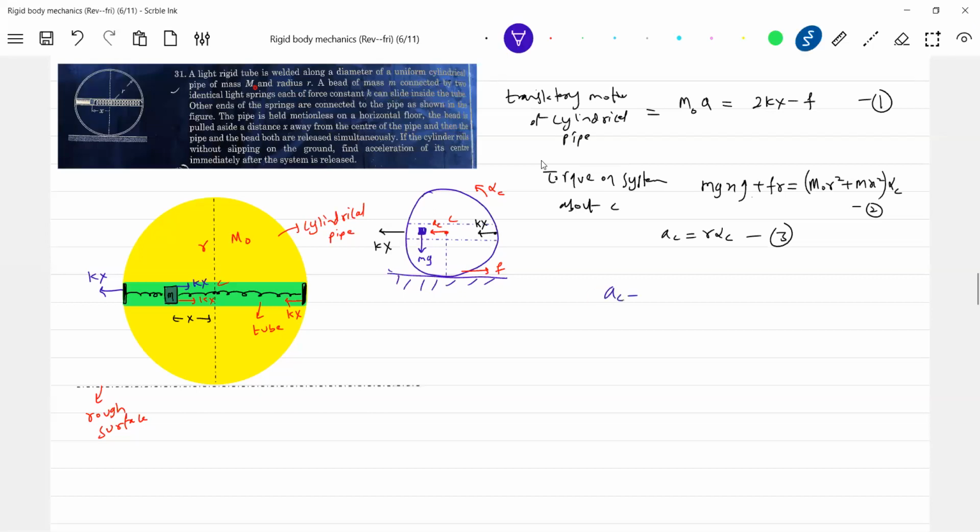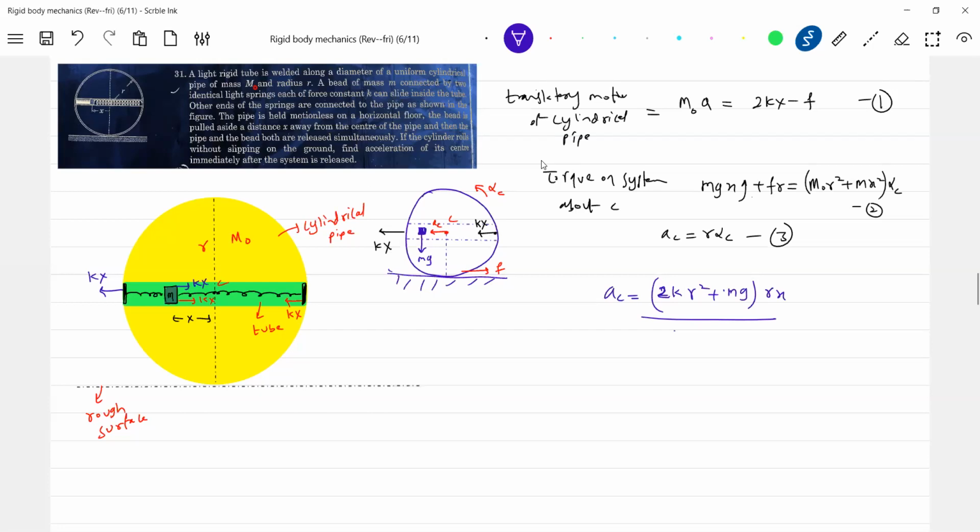Check once. AC is equal to 2, what are K R square plus mg R into X. R square, sir, dimensionally it will not be.